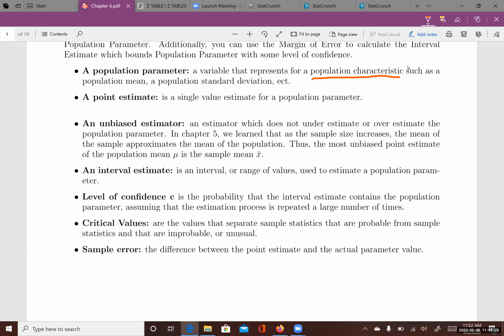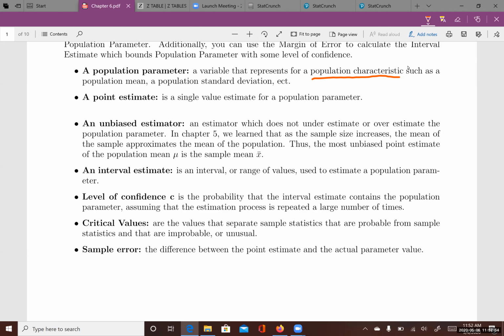For example, in chapter 5, we learned that as the sample size increases, the mean of the sample approximates the mean of the population. So the most unbiased point estimate of the population mean is the sample mean, X bar, when the sample size is big enough.